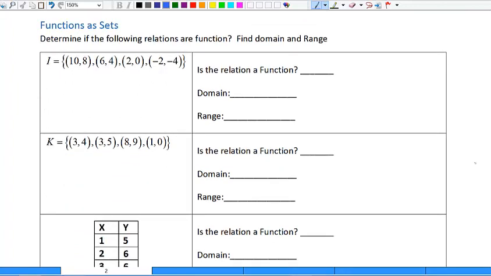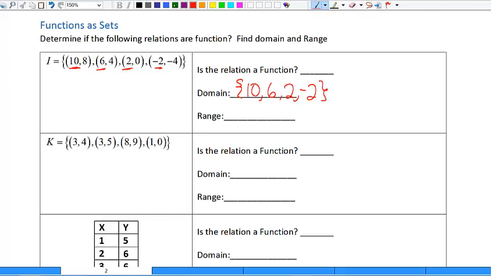I want you to determine if the following relations are functions and then find its domain and the range. My domain is just the set of all x values. So because this is just some discrete values, I'm going to use the set notation, those little braces. You can use squigglies if it's hard for you to draw these braces.